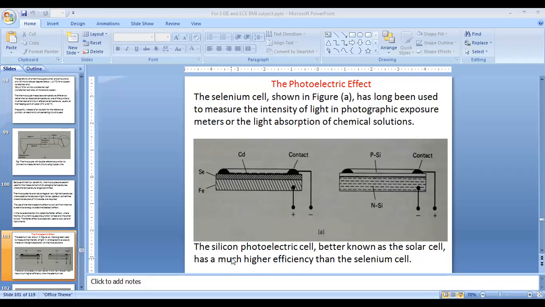The first one is the silicon photoelectric cell. It is also known as the solar cell. The solar cell is manufactured using silicon material, and it has higher efficiency than the selenium cell.